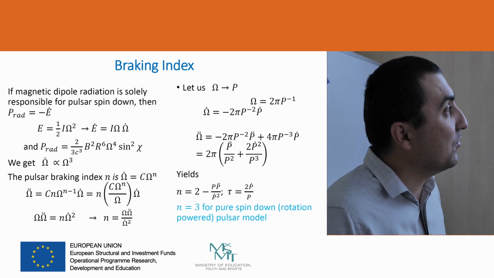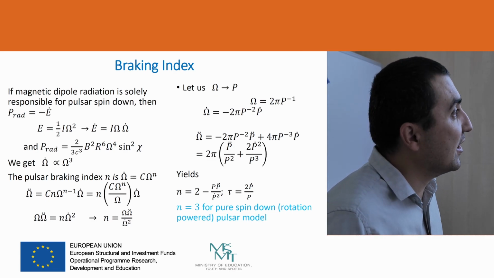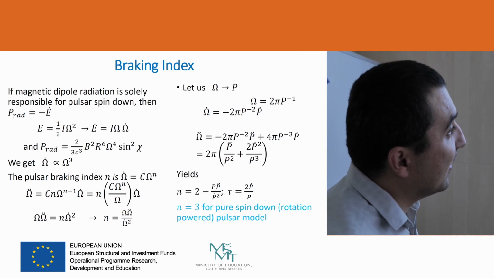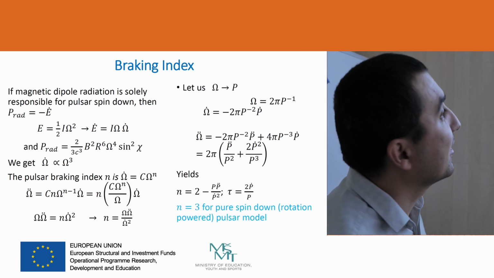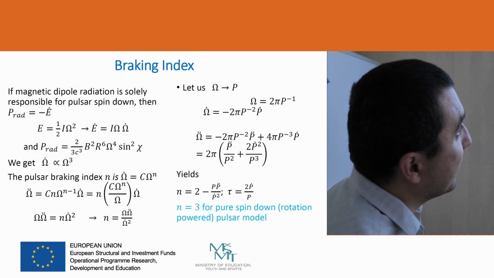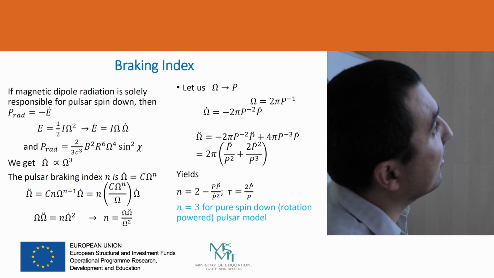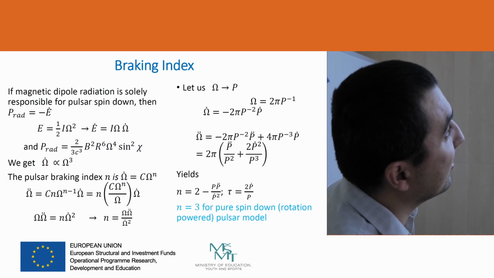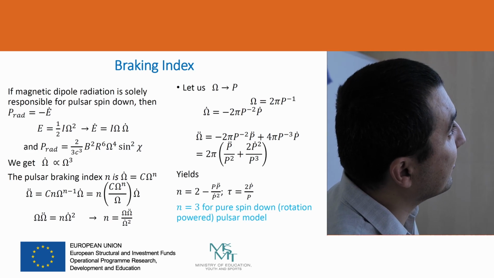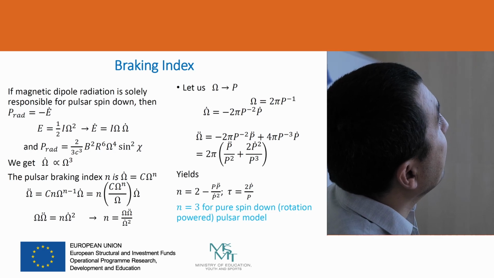So from this point of view, theoretical studies of this breaking index are very important. Here is how to calculate this breaking index using observational data. It is easily shown. It is simple mathematics actually.